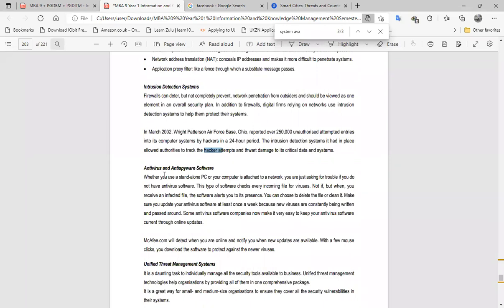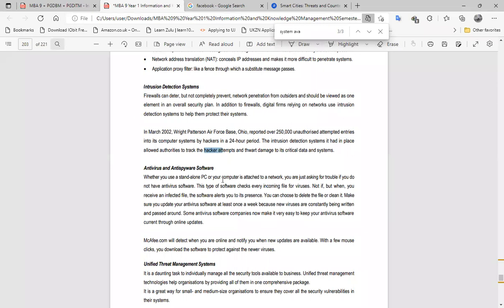Then antivirus, I think you guys already know what antivirus is. There's anti-spyware, and one of the most secure antivirus systems called Bitdefender, one of the best. Then there's Avira, Avast, Kaspersky, McAfee, and so forth.